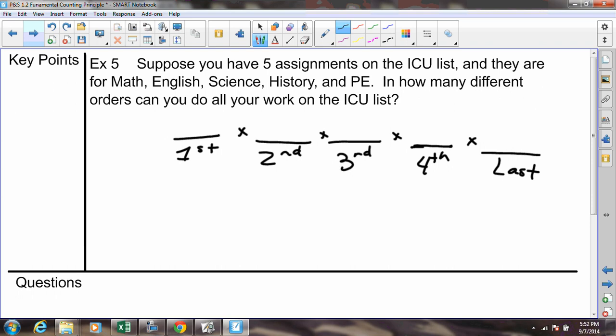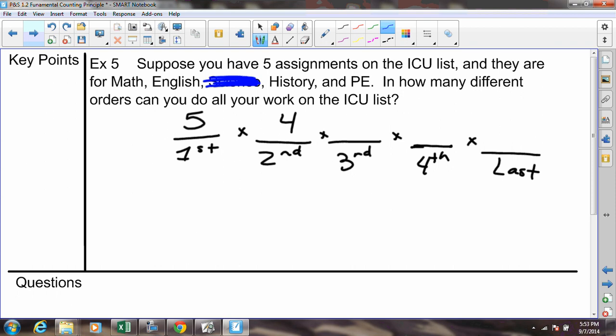You have 5, so you've got a choice between the 5 that you will pick. Let's suppose you pick to get rid of science first. Now that science is gone, how many choices do you have left for the second assignment to do? Now, there are only 4 left.